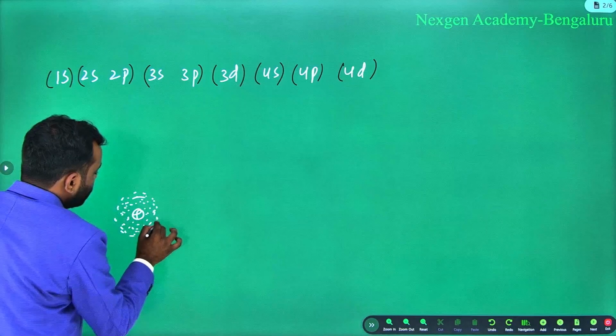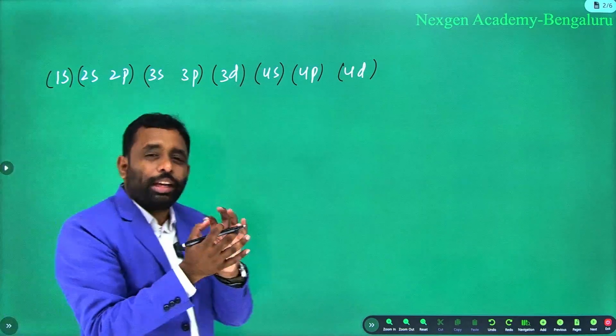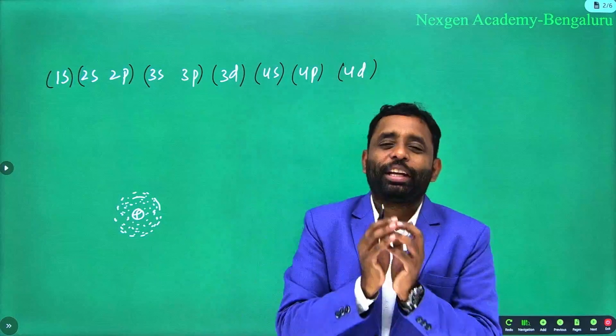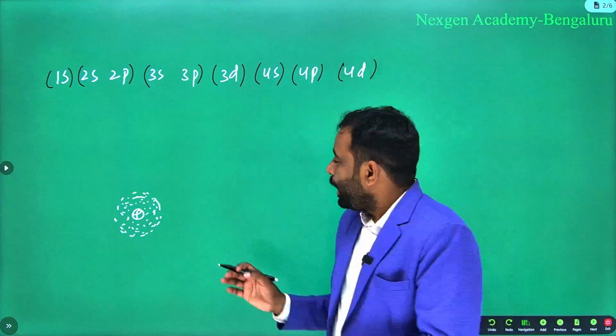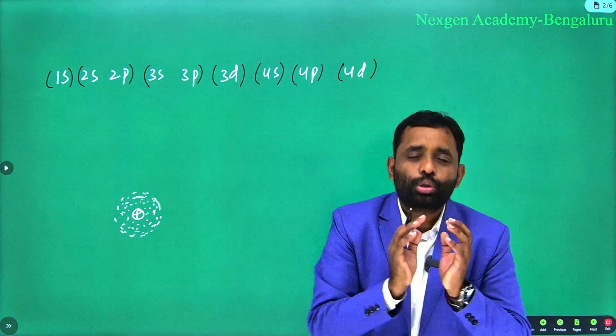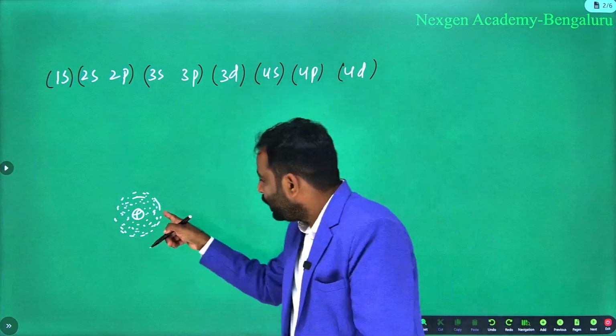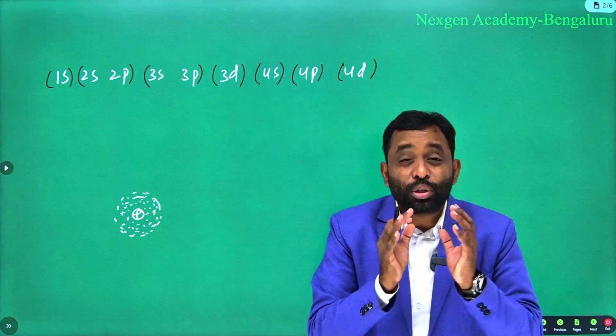Am I right or wrong? Yes. So the s electron is always available around the nucleus, spherical in shape. Clear, right? So s or p electrons, generally, are close to the nucleus. Their probability of finding the electron is very close to the nucleus.